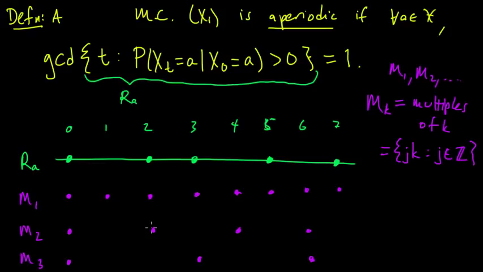And we said that was equivalent to this set of times, which we called RA, being contained only in the set of multiples M1, that is, all the integers. It's always contained in M1, and if it's not contained in M2, M3, M4, or any of these others, then this condition is true. So here's a little trick that you can use to check aperiodicity.